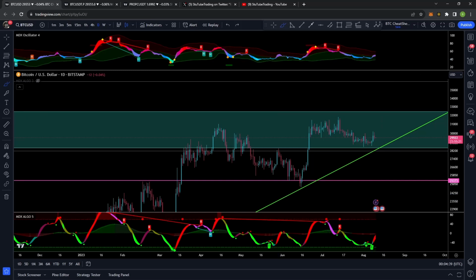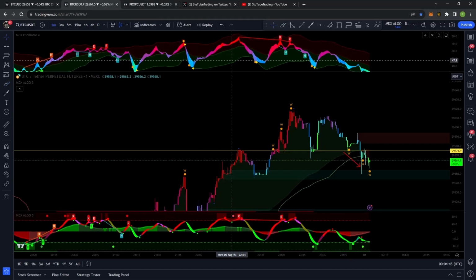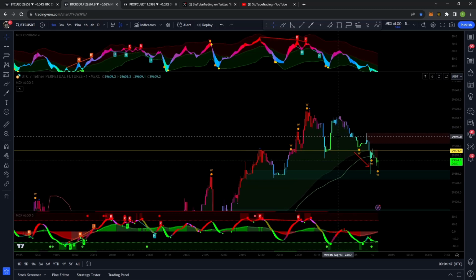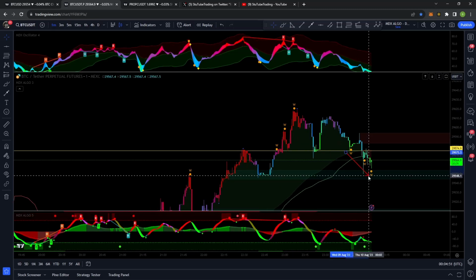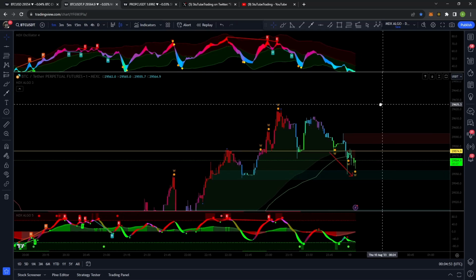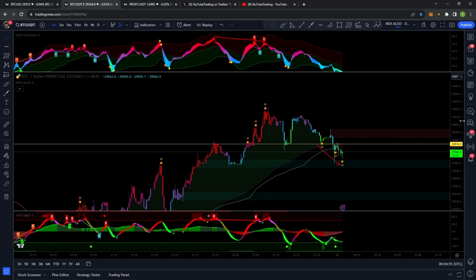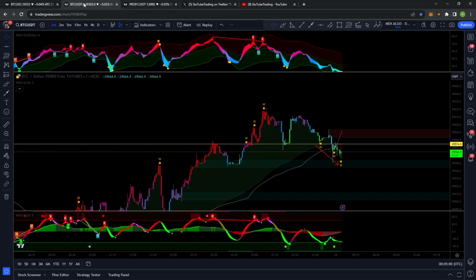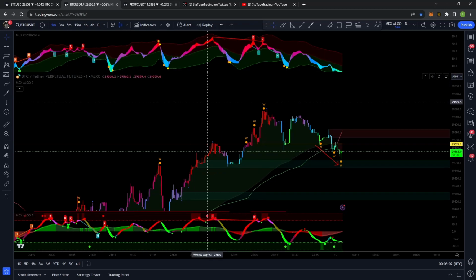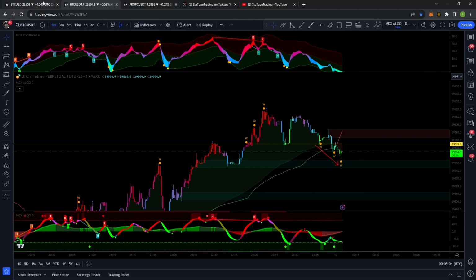Buying pressure on MDX 5 because it's very near the bottom. Pete, which time frame are you talking about? On the minute chart.